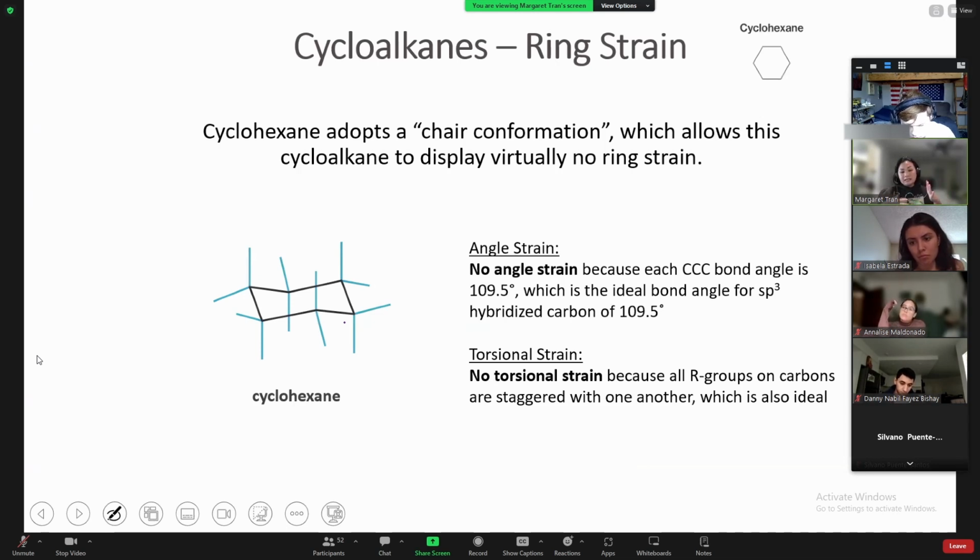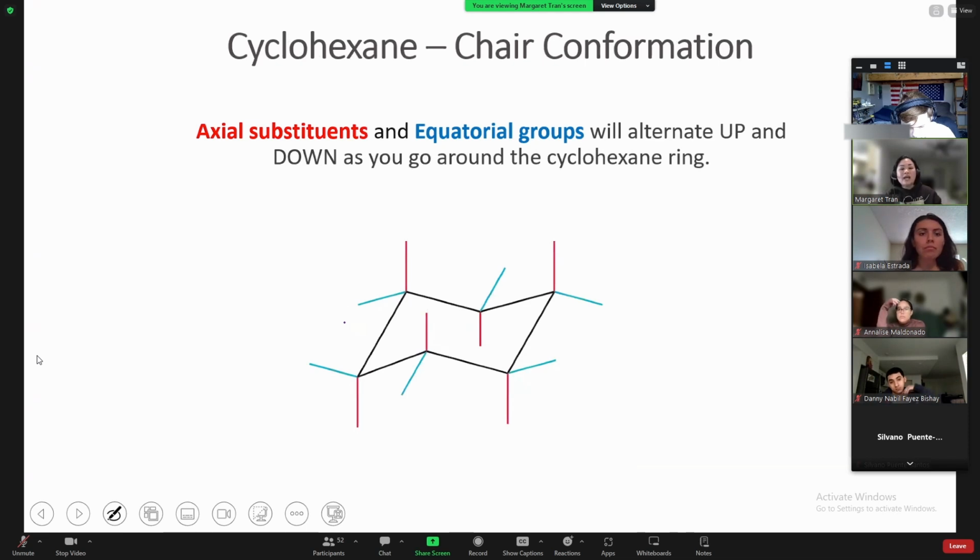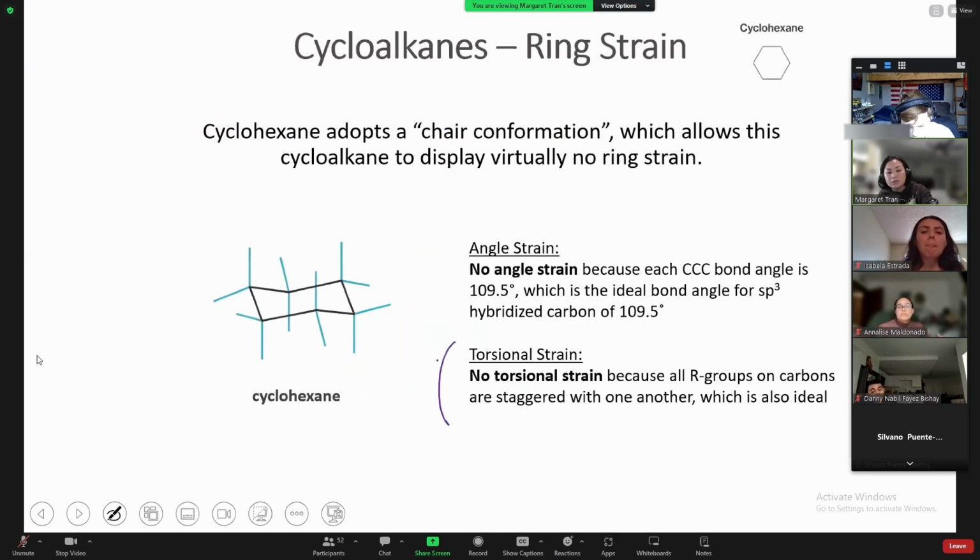Therefore, when it is staggered, it means that there's no steric hindrance. And that's going to make sense over here. When we have the axial and the equatorial substituents, all of them usually alternate up and down. So if you only have 3 groups up as opposed to all 6 of them up at the same time, it makes more room for these substituents. More space. That's what they're talking about with torsional strain.